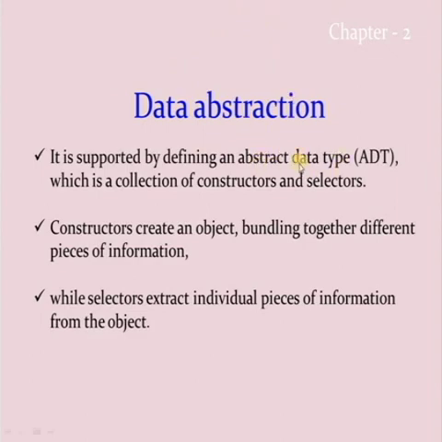To define an abstract data type, we need constructors and selectors. Constructors create an object. Selectors extract individual pieces of information from the object. Both the constructors and the selectors are functions. Up to this level, you have learned in your previous video.